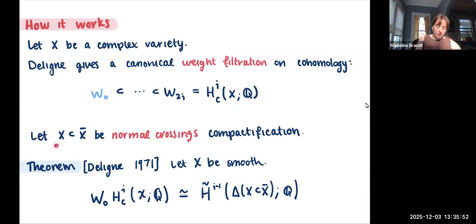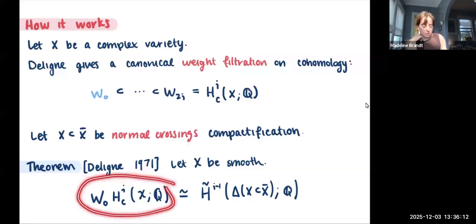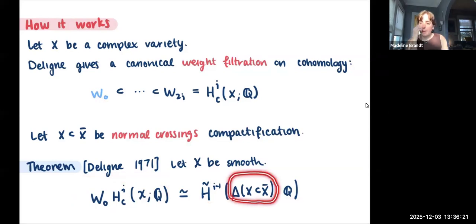If I have a normal crossings compactification of my complex variety, meaning that the boundary components that you add in all intersect each other transversely, then there's a theorem of Deligne that says that the W0 piece, this blue piece right here of the cohomology, is actually given to you by the cohomology of the dual complex of your compactification.